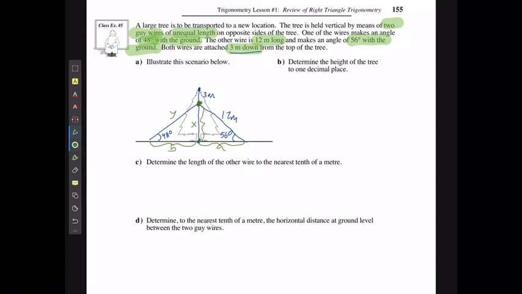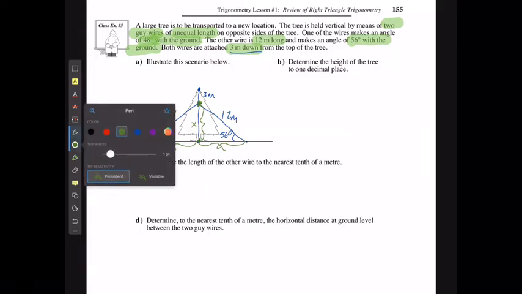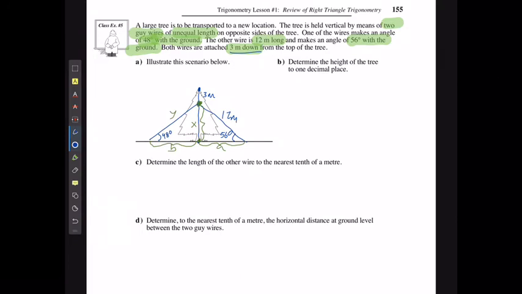So, the first thing it wants us to do is determine the height of the tree to 1 decimal place. Well, if I know the angle here, I know the hypotenuse is 12 meters long, I can solve for what the opposite side length, or X, is. So first, if I'm trying to solve for X, I have opposite and hypotenuse, so I'm going to be using sine.